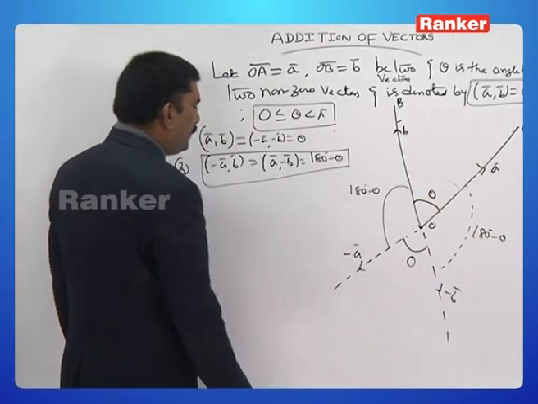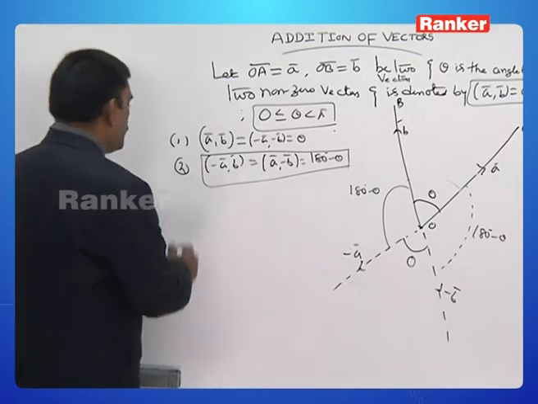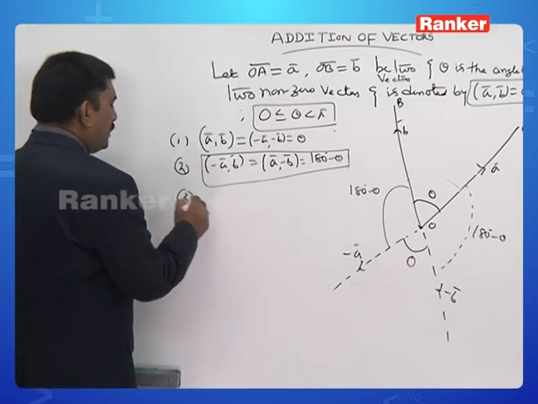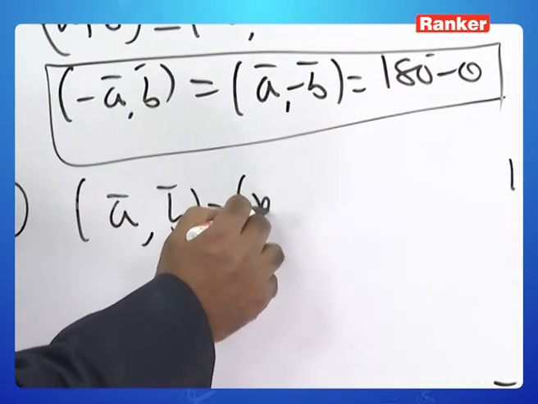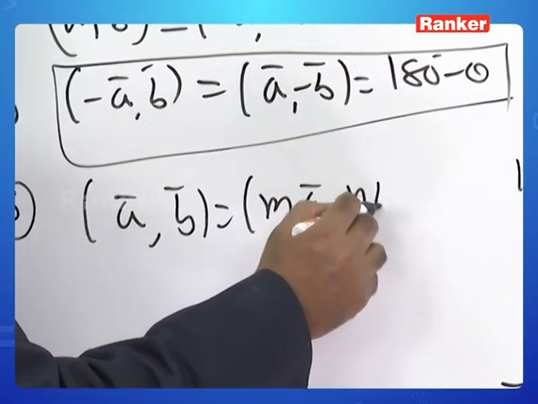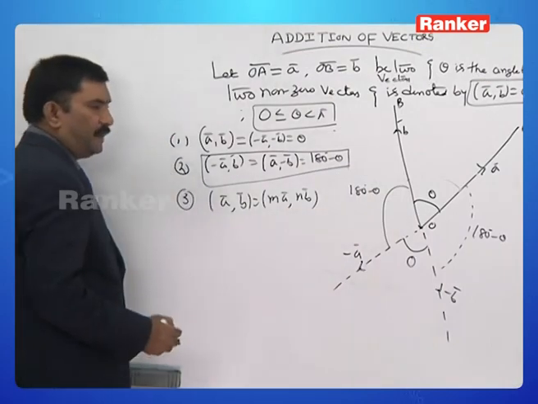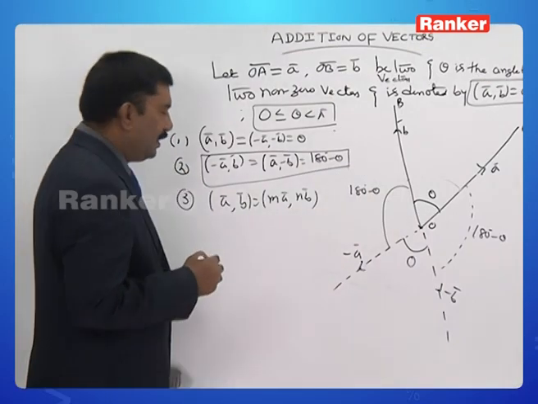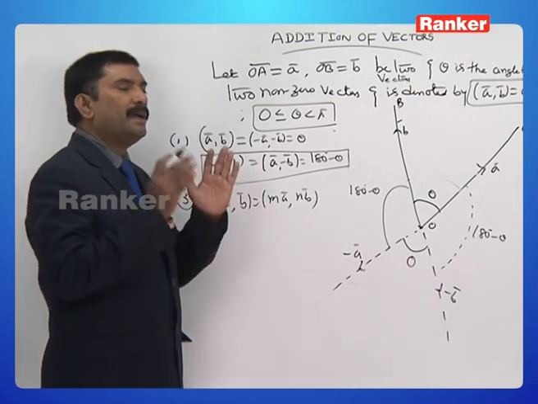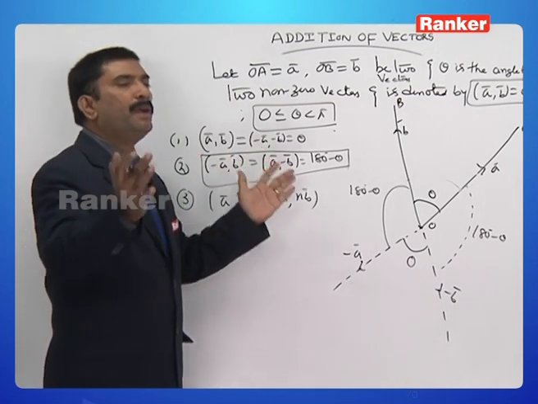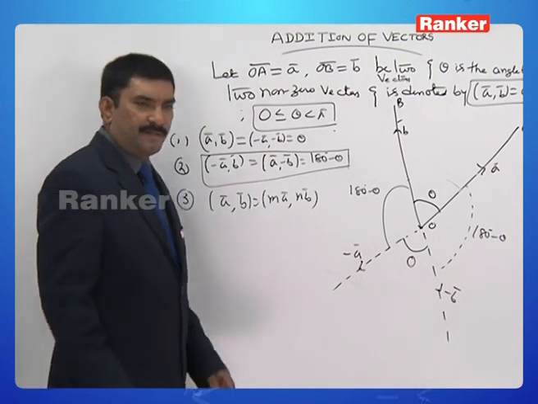Also, the angle between A bar and B bar is equal to the angle between MA bar and NB bar, provided M and N must be positive. Why? Because the angle is independent of the lengths of the vectors.